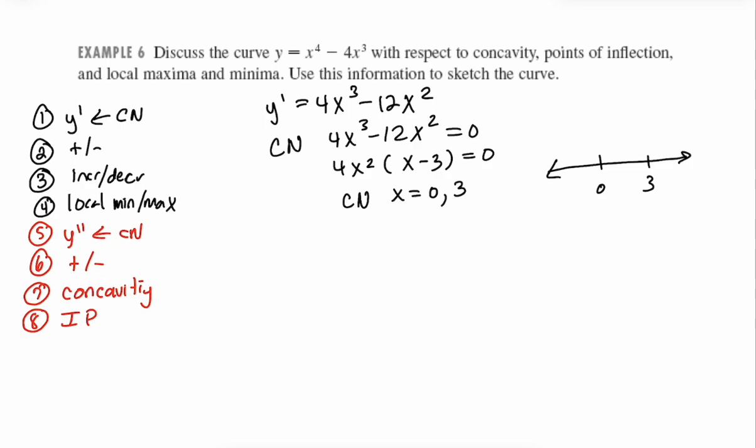So let's go ahead and make a plus or minus chart for our first derivative. We know that it is equal to 0 in these 2 spots, and those are fine. Those are acceptable points. So I'm just going to put a dot there. I need some test values.